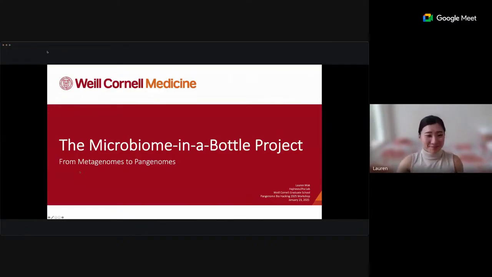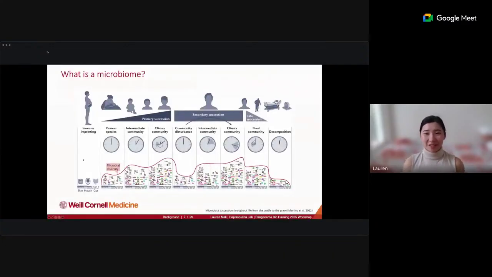if you're interested. So before I really dive into all of that, just as a quick overview for those of us who are joining with maybe a single mention of the microbiome during your undergrad. Microbiome refers to the community of organisms that inhabits a particular environment.